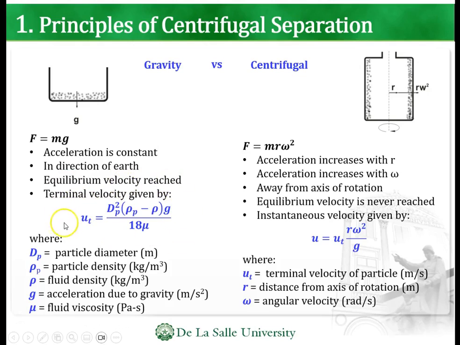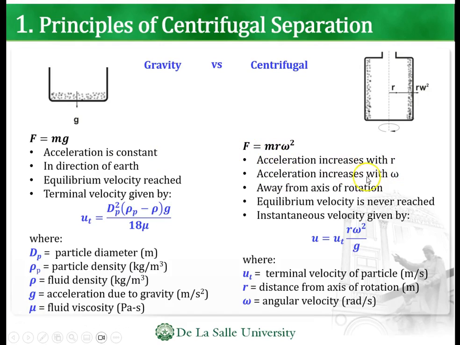We've already had this in lesson 6 and lesson 7.1, where ut is the terminal velocity, dp is the particle diameter, then the density of the particle, density of the fluid, acceleration due to gravity, and this is the viscosity, the dynamic viscosity. Whereas in comparison, for the centrifugal force, m r omega squared, the acceleration increases with increasing radius.